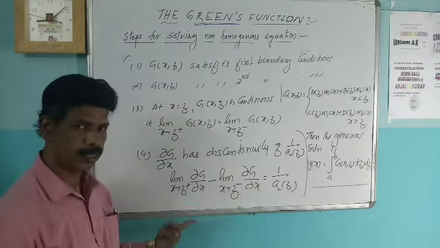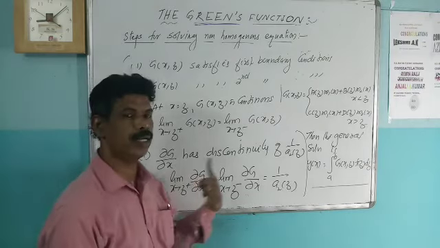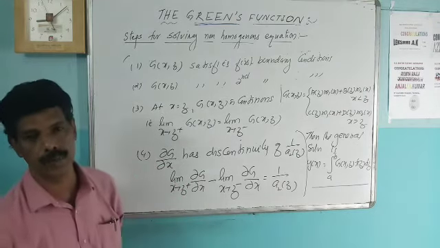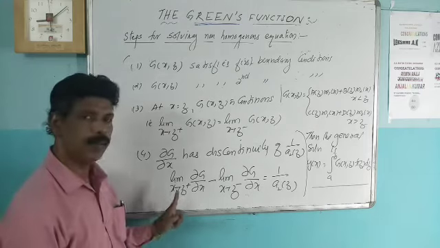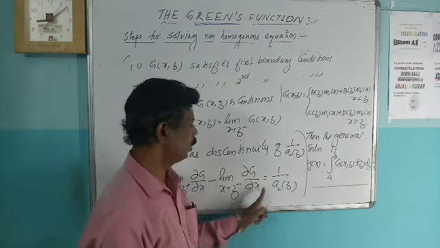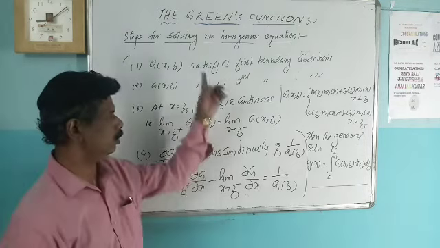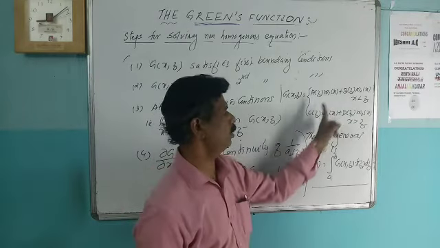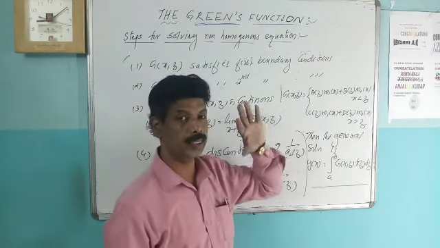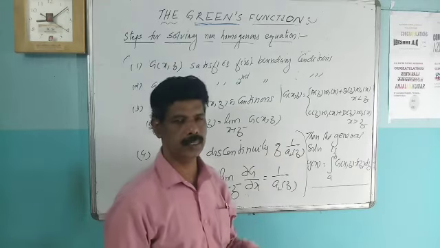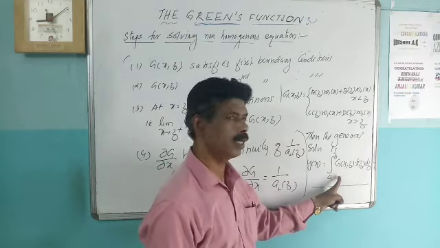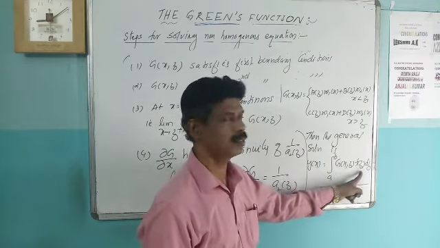And the fourth condition: dou g by dou x has a discontinuity of magnitude 1 by a2 z, where a2 is the coefficient of d square y by dx square, that means limit x tends to z plus dou g by dou x minus limit x tends to z minus dou g by dou x is equal to 1 by a2 z. By using these four conditions, you can find a z, b z, c z, d z. Then substitute them in the equation to get the Green's function. After getting the Green's function, for the general solution you apply the formula y of x equal to the integral from a to b of g of x z f of z dz.